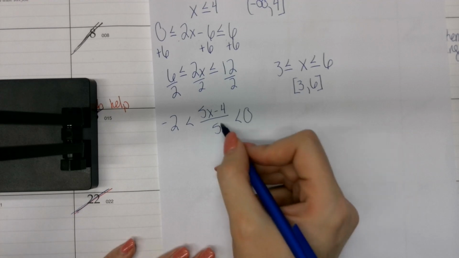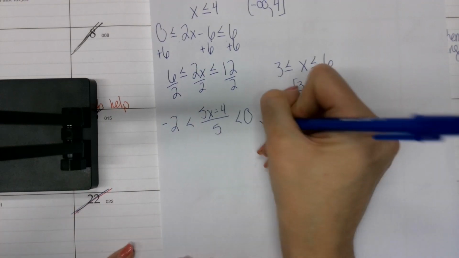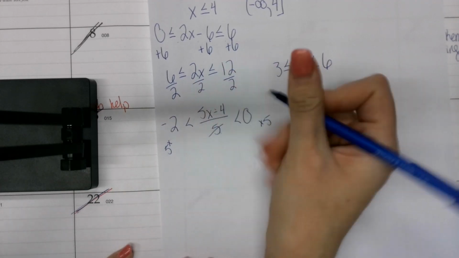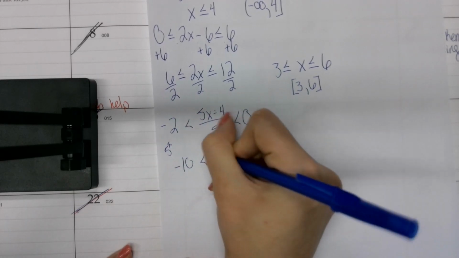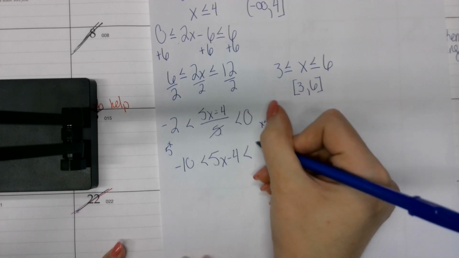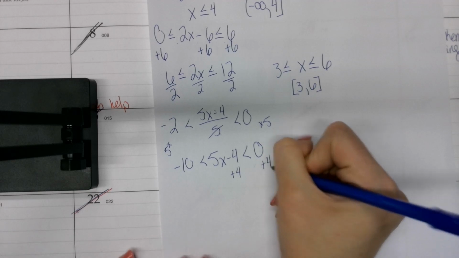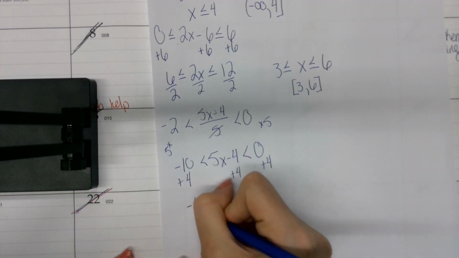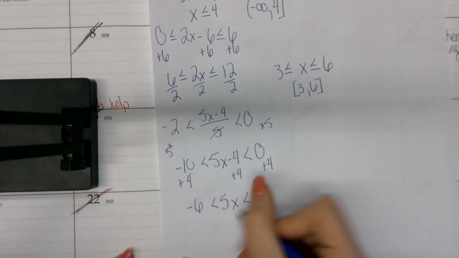Last one, this is 5x subtract 4 divided by 5, so we'd multiply by 5, so that this would cancel. Negative 2 times 5 would be negative 10, is less than 5x subtract 4, which is less than 5 times 0 is 0. Add 4. Negative 10 plus 4 would be negative 6, is less than 5x, which is less than 4.